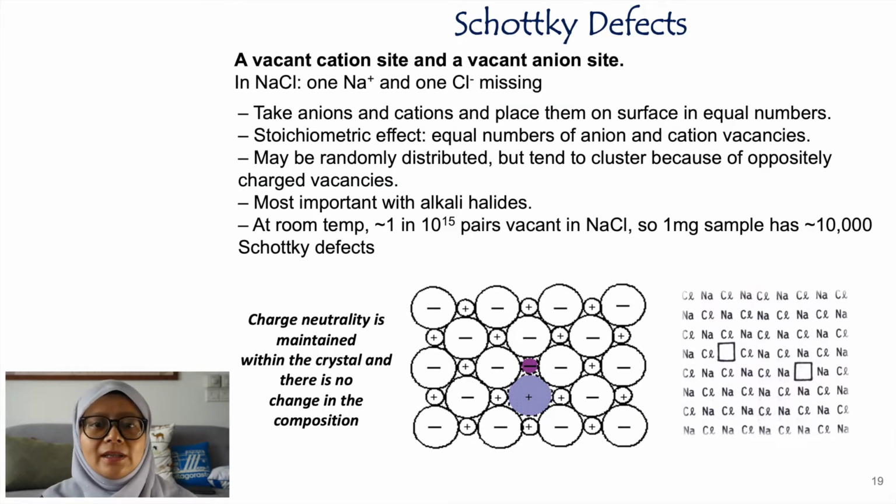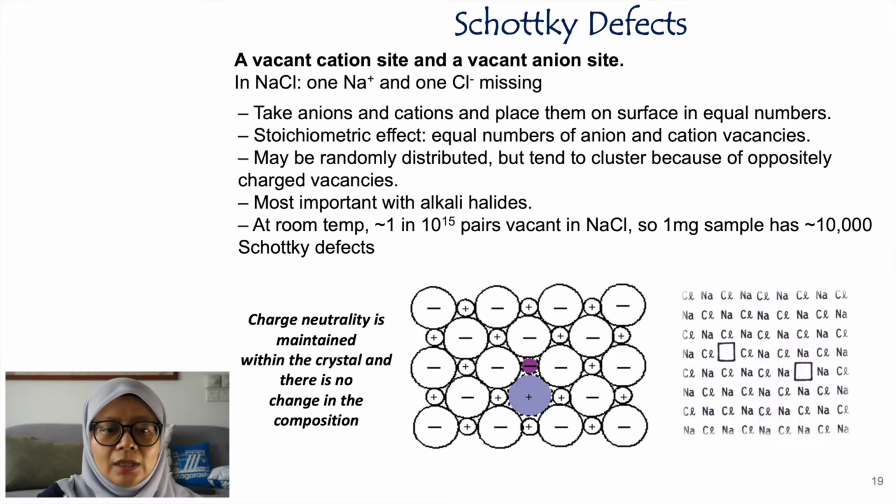So the first one is for the intrinsic, or stoichiometric, defects. The first is the Schottky defect. This was found by Walter H. Schottky, a German scientist. For this defect, we need a vacant cation site and a vacant anion site.